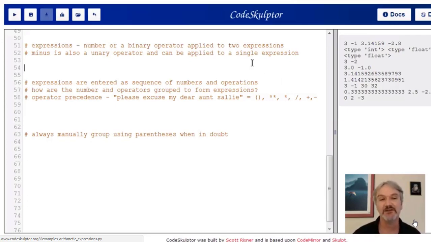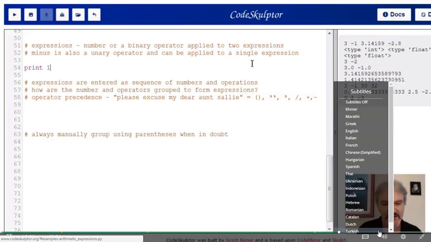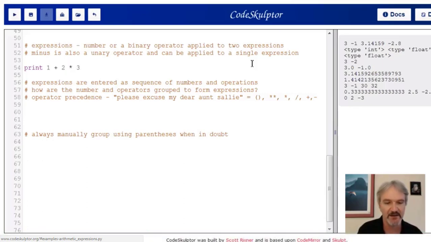Now in practice, you don't really need to understand that definition. You can just go through and type in expressions that you're used to using from, say, middle school algebra. So I could say 1 plus 2 times 3, or 4.0 minus 5.0 divided by 6.0, or 7 times 8 plus 9 times 10.